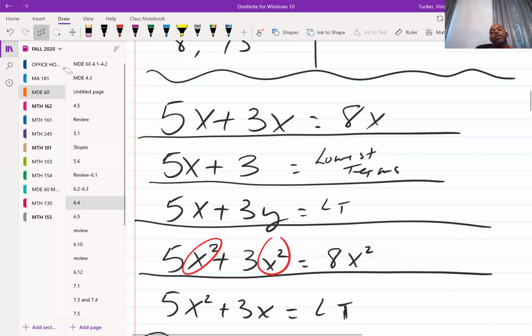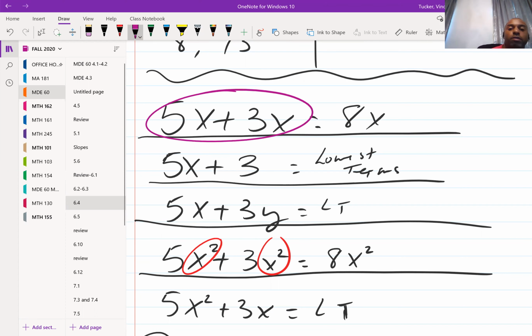All right, so here are different variations of that 5x and that 3x, showing you different scenarios when you would be able to add them versus when you wouldn't be able to. So 5x plus 3x, like terms, so you just add the numbers together, which will give you 8x.